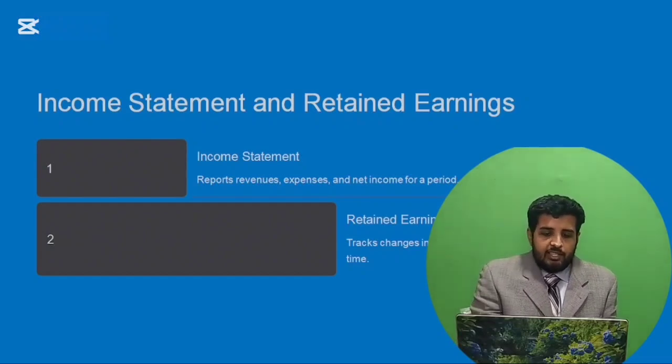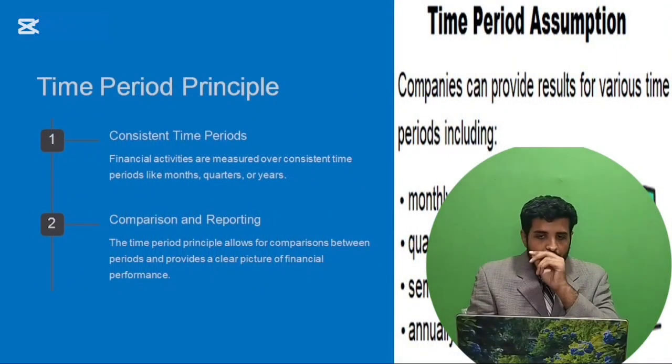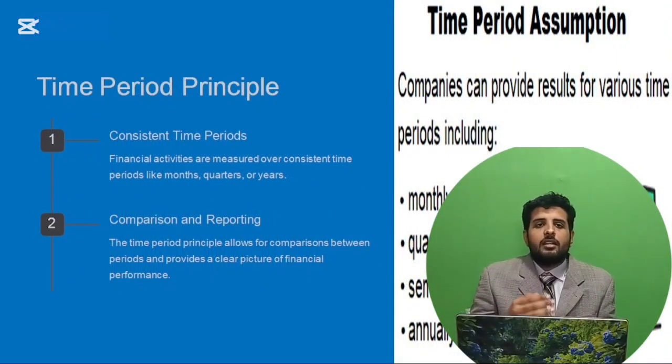In the next slide, we move on to the time period principle. The companies usually choose a particular time period. It may be annual, semi-annual, monthly, or even quarterly. They decide it once and they stick with it throughout their business model.